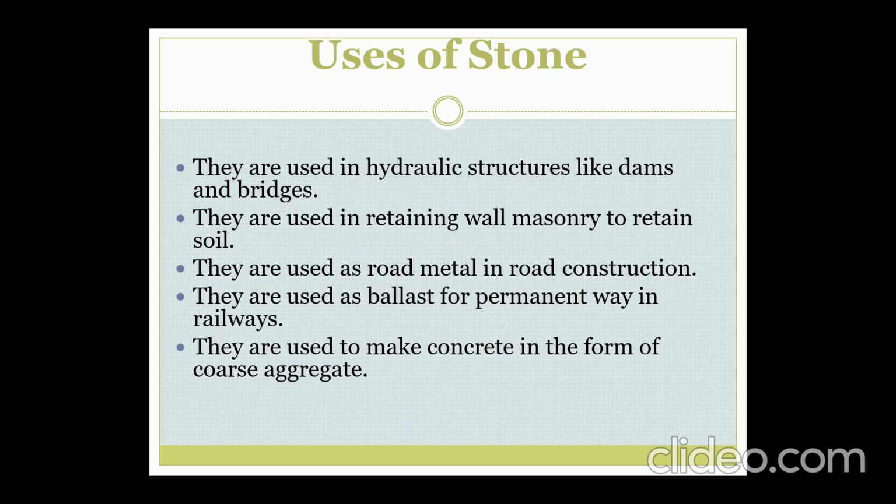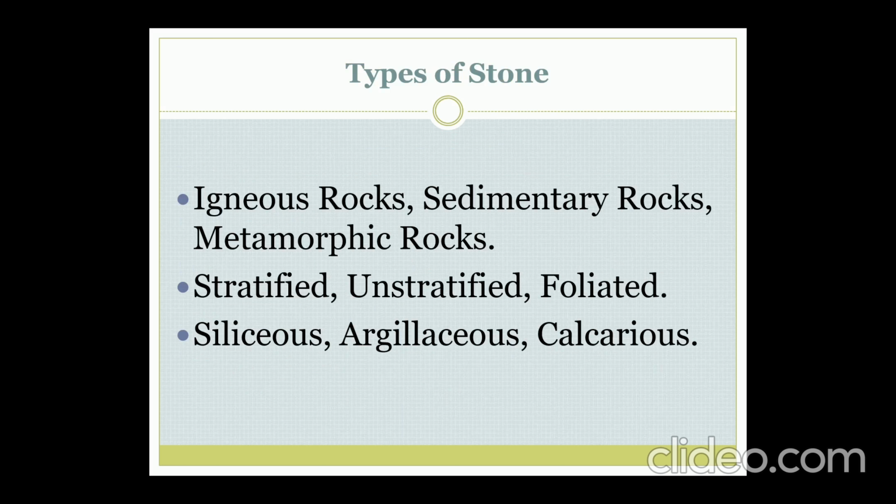Then we'll have the types of stones. First is the igneous rock, formed with the deposition of melted lava, melted magma. The sedimentary rocks are formed due to sedimentation, due to the deposition of rocks.